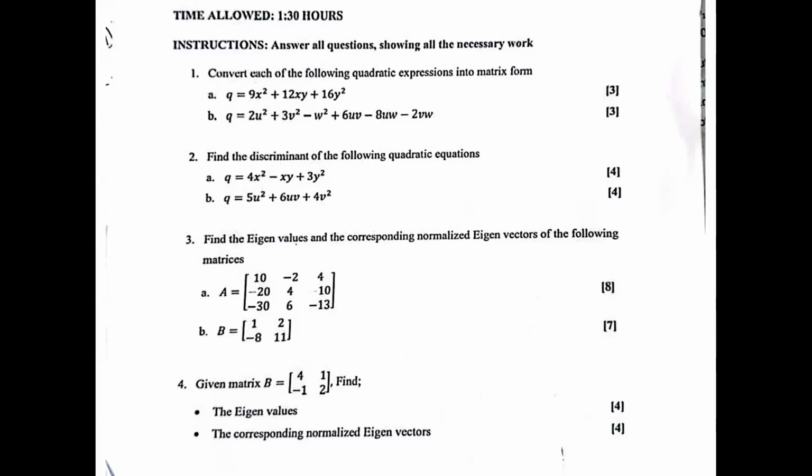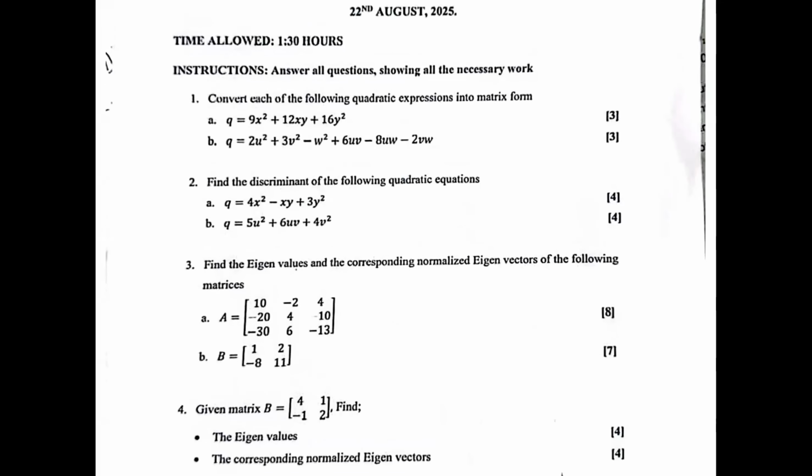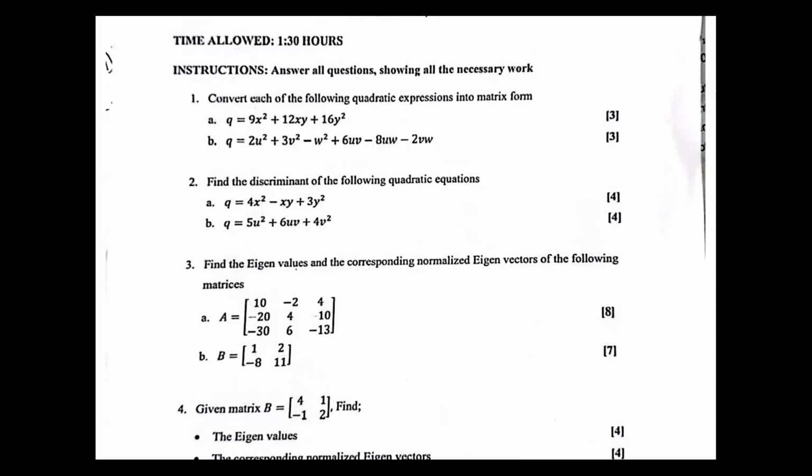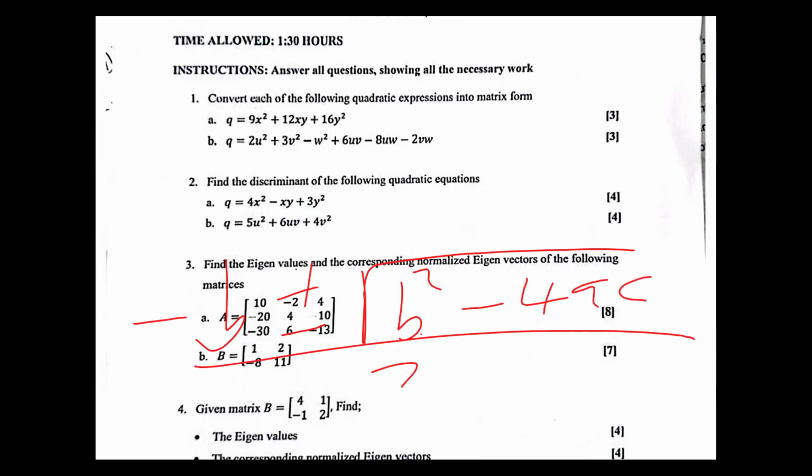I suspect, since this was a test, it should have read find the determinant of the quadratic equations, because you can manage to find the determinant of these, yeah? You know what a discriminant is? Discriminant means like positive, negative. It's b squared minus 4ac, divided by 2a.